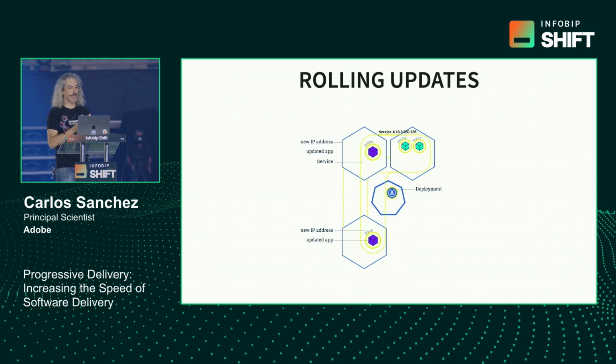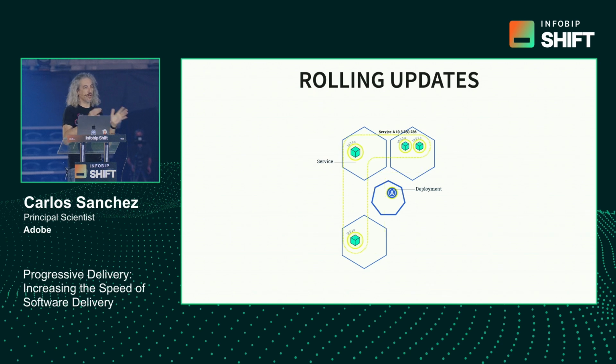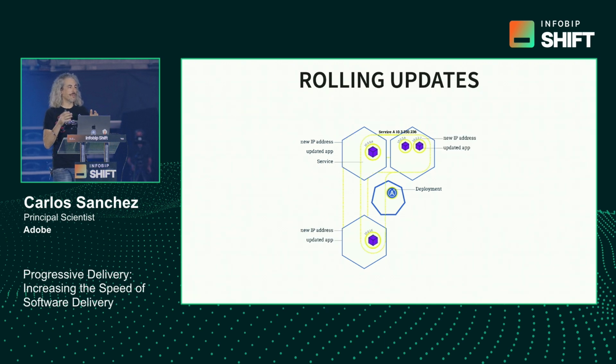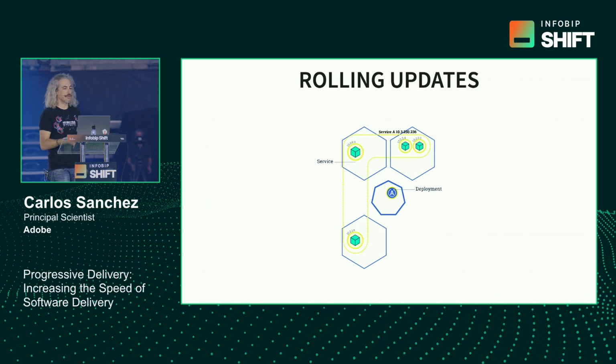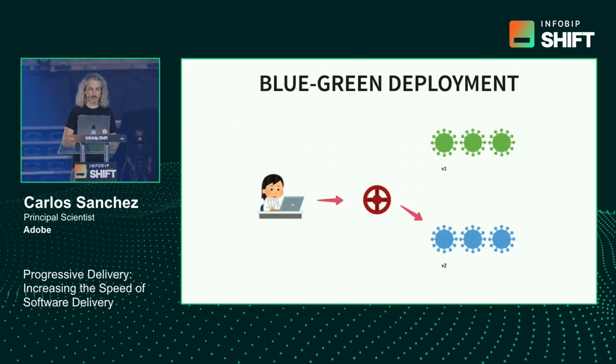You have no control over success or not success on Kubernetes, typically, on rolling updates. You would depend on somebody actually checking if this is successful or not.